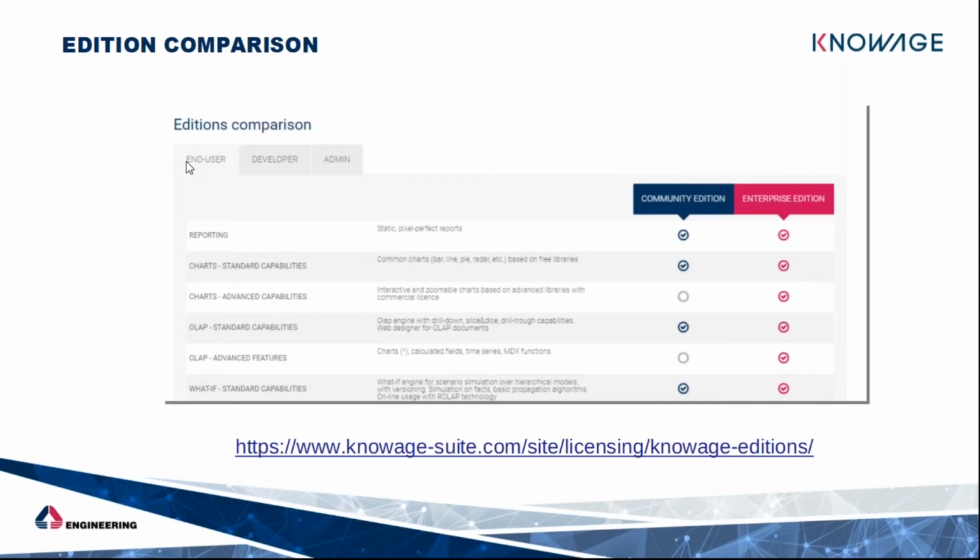And you can check, for instance, if the reporting is available in which edition. And as you may notice, the only capabilities that are considered only in the Enterprise Edition are the advanced ones.